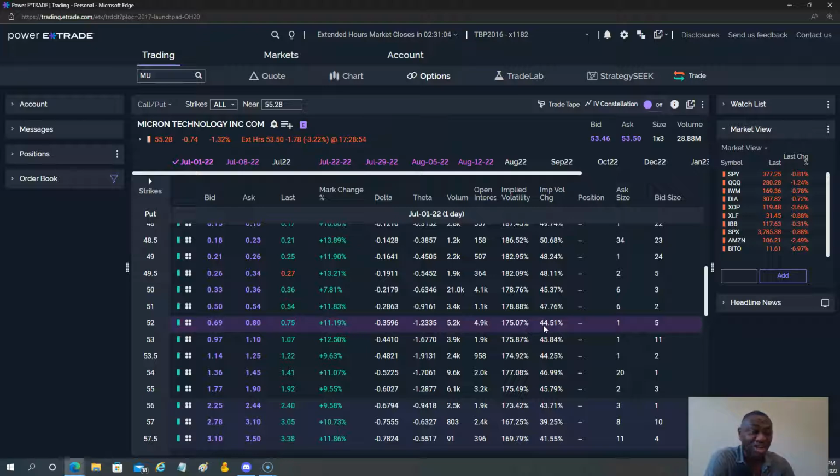So the strategy I want to leave you with is the best way to take advantage of implied volatility crush. Definitely avoid buying these contracts leading into earnings, because even if you guess the direction, right? Imagine you bought a put today going into this earnings.